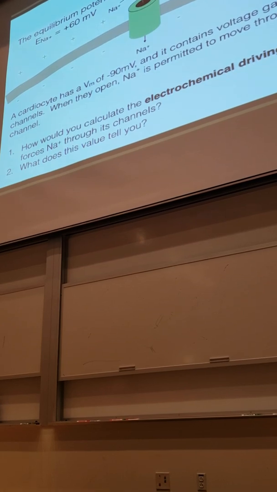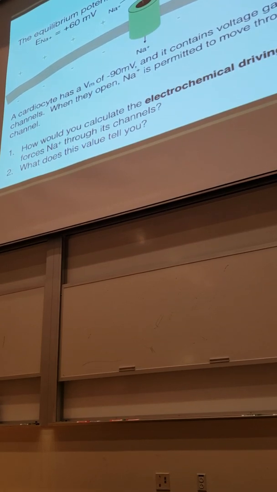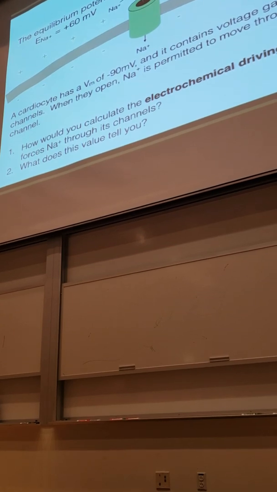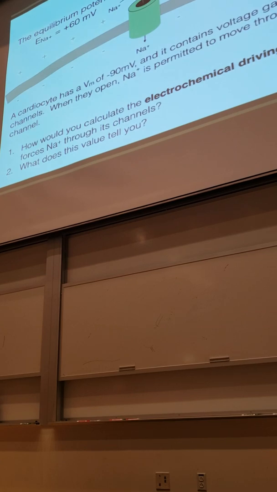Does that make sense? Electrochemical driving force is just the difference between these two values that we've been talking about. And this only is relevant if we have a channel that we can suddenly open and drive some ions into or out of the cell. All right, questions on this?